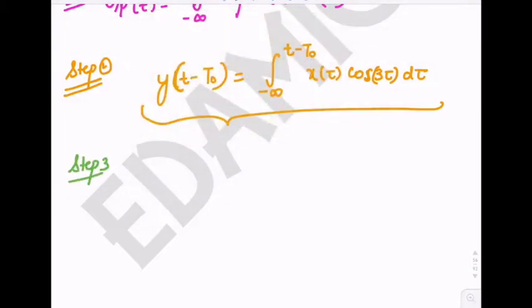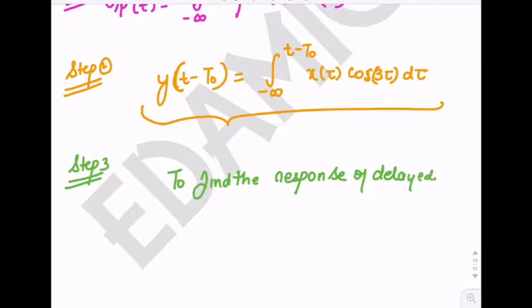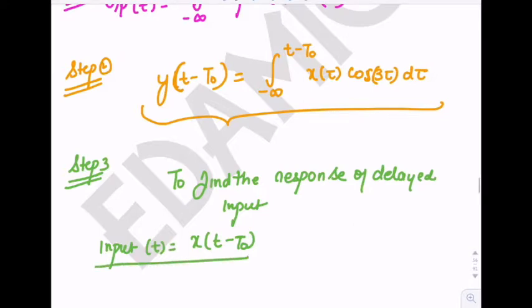Now step 3, to find the response of the delayed input, that is, we have to find the response of x(t minus t naught). So input x1(t) is equal to x(t minus t naught).